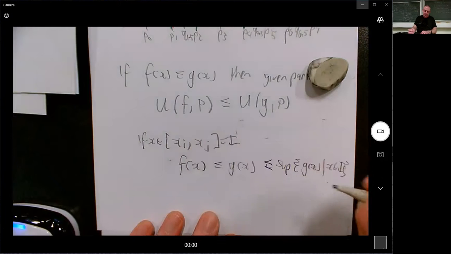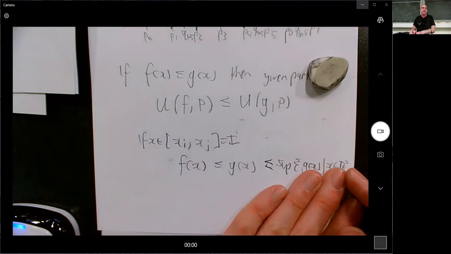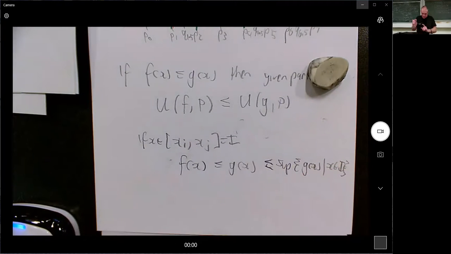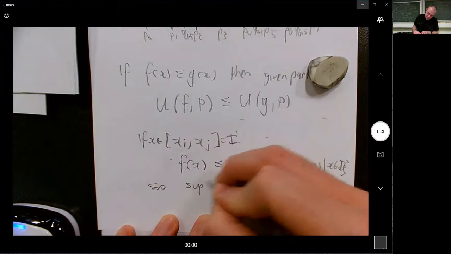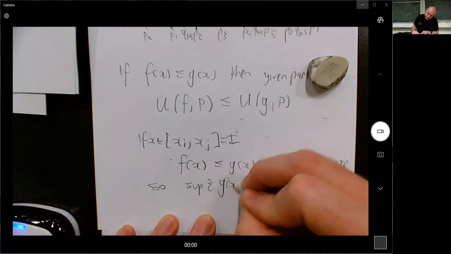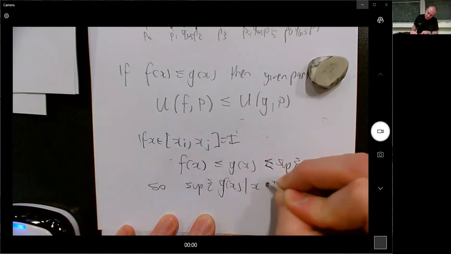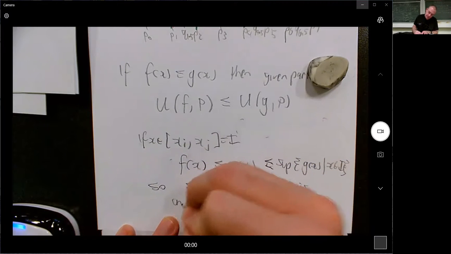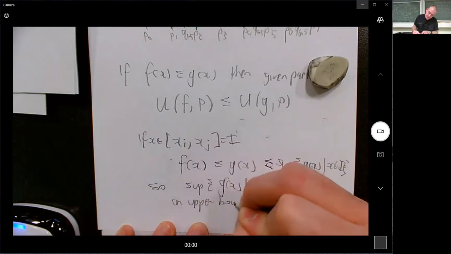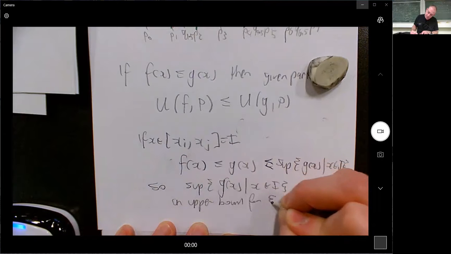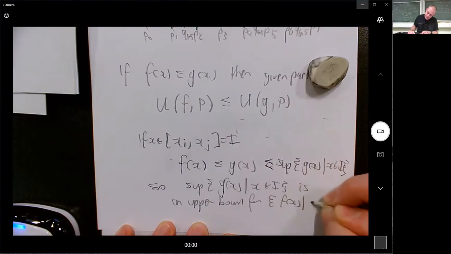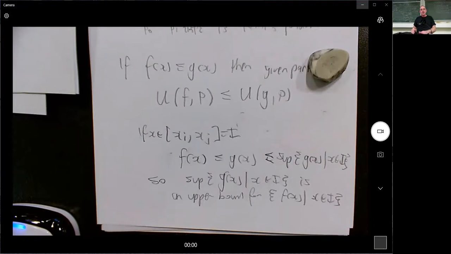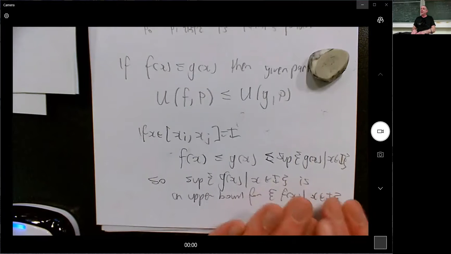And so since this is an upper bound, the supremum of the g of x's such that x is in the interval is an upper bound for the set of f of x's such that x is in the interval, and therefore this set is bounded because it has an upper bound.